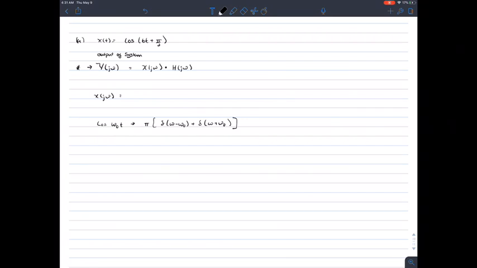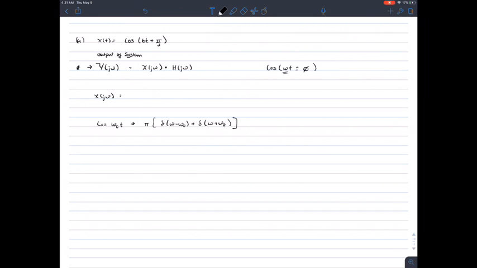Okay, so we need to find out what omega naught is in this part, and omega is just going to be the radians per second in a cosine signal. And I don't know if you know this. I'm going to write this out for you. Cosine omega t plus or minus the angle.